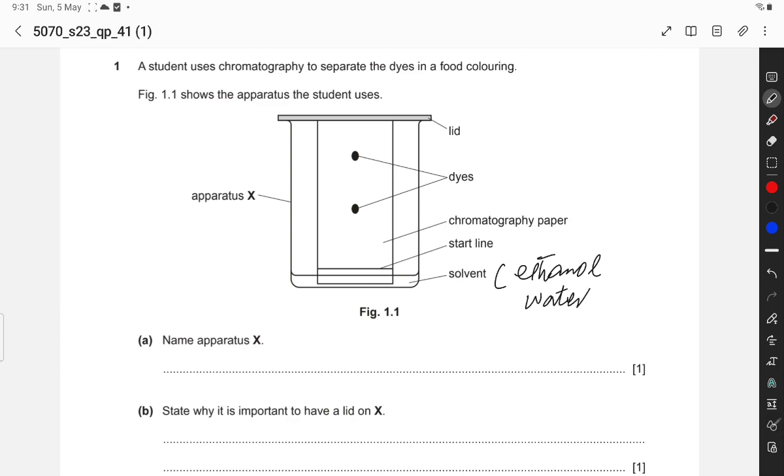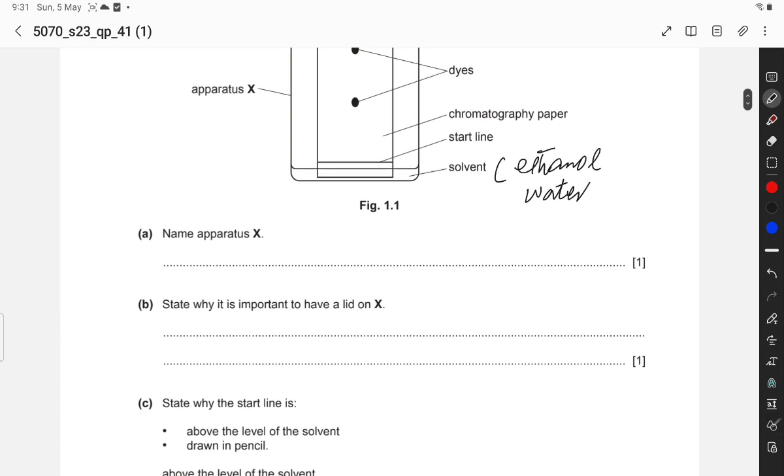But the substance which you are going to identify should be soluble in these solvents. Name apparatus X. Apparatus X is a beaker.